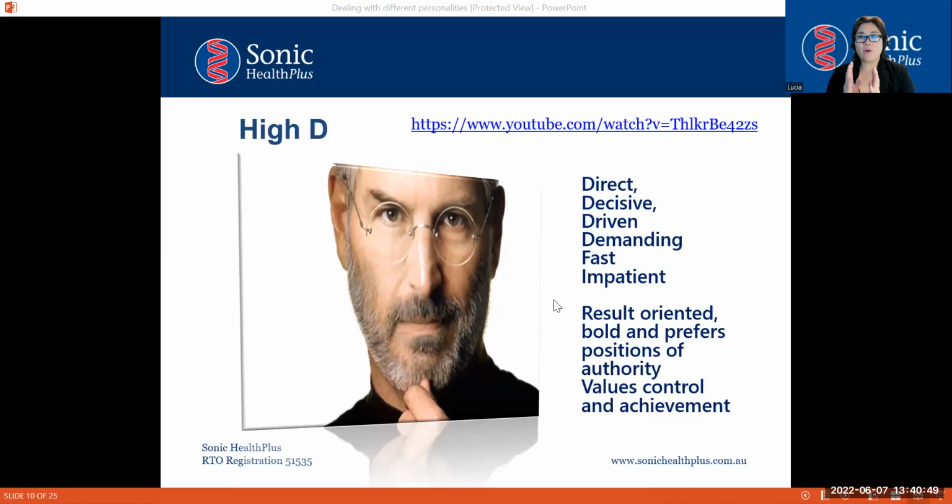All right. So let's go to every single type. Have a look at their description or their attributes. You know that they're decisive. The D is very demanding in their tone, and could be very impatient. They want the answers from yesterday. Very result-oriented and very bold in the choices of words.